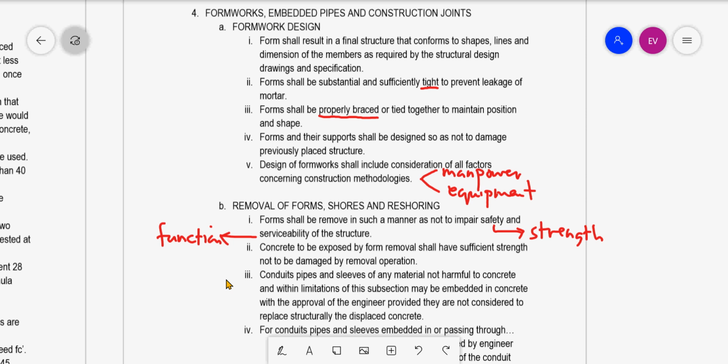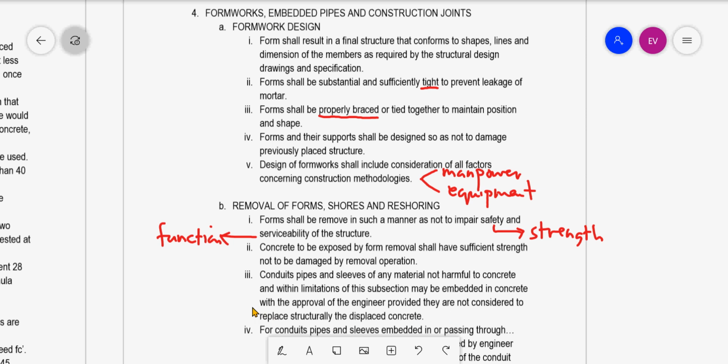Conduits, pipes, and sleeves of any material not harmful to concrete and within limitations of this subsection may be embedded in concrete with the approval of the engineer, provided they are not considered to replace structurally the displaced concrete.